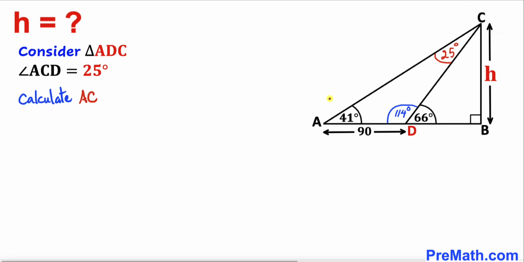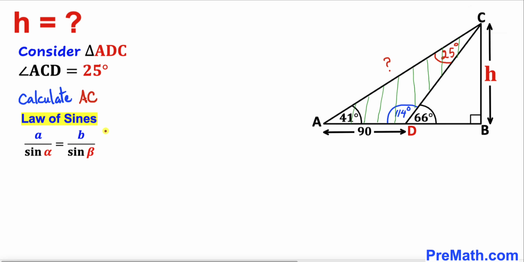And here's our next step. Let's go ahead and calculate this side AC. And now let's recall law of sines: A divided by sine alpha equal to B divided by sine beta. If I call this side A and this side B, then this angle is going to be alpha and this angle is going to be beta.